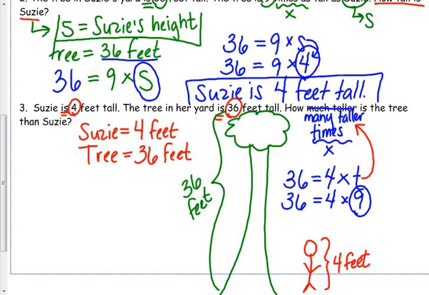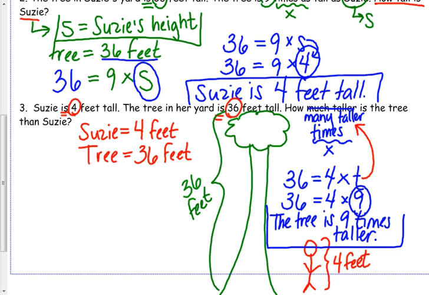So let's go back to the question. How many times taller is the tree than Susie? Well, we just found out the tree is 9 times taller. And that would be our final answer.